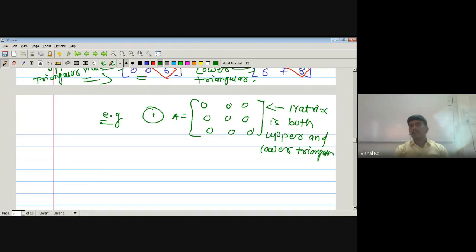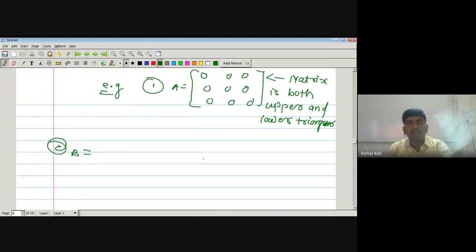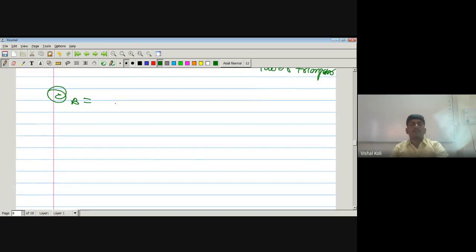Similarly, any matrix is said to be a diagonal matrix if all the non-diagonal elements are equal to 0 and the elements on the diagonal line may be 0 or non-zero. For example, if we take this matrix 1 0 0, 0 2 0, 0 0 3.